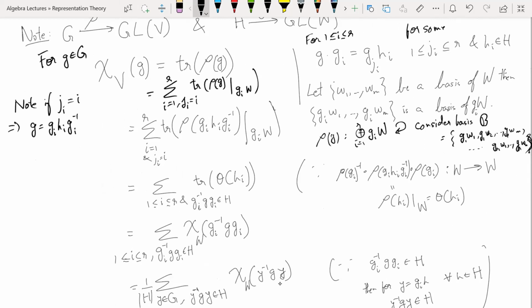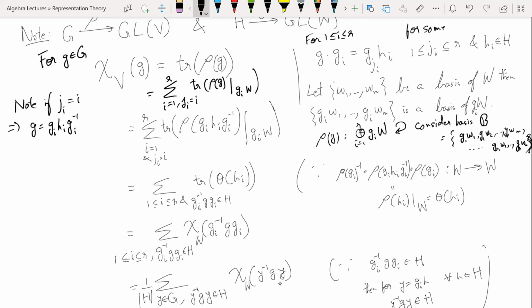But think about it: this rho G_i H_i G_i inverse, if you compose it with rho G_i on the right, and on the left with rho G_i inverse, this is an endomorphism of W. Because the first map will send W to G_i W, the middle map sends G_i W to G_i W itself, and then finally rho G_i inverse will send it back to W. So it gives you an endomorphism of W. This is an endomorphism of V, but when you restrict to W, it gives you back W. And what is this endomorphism?